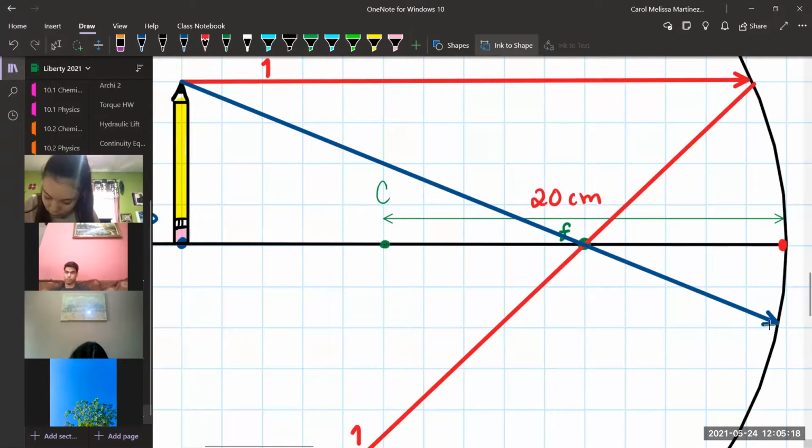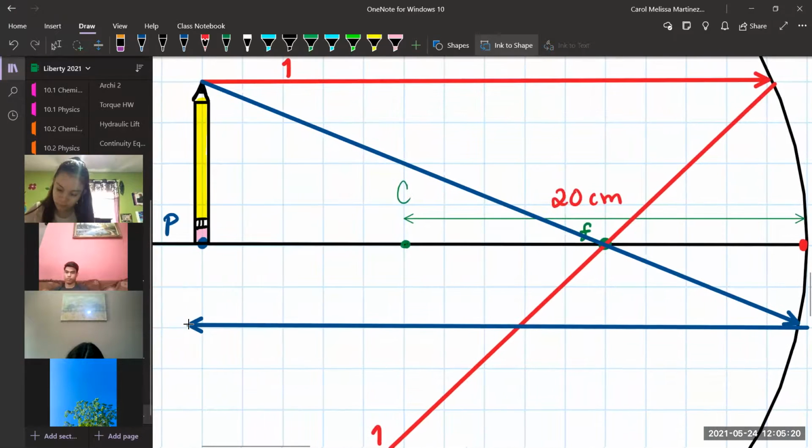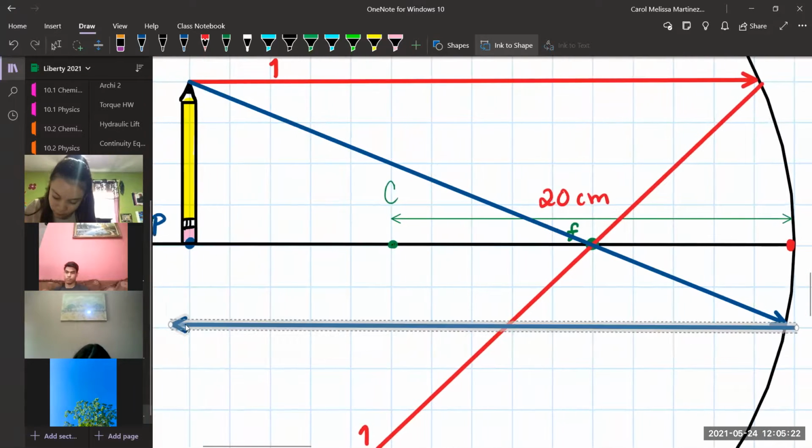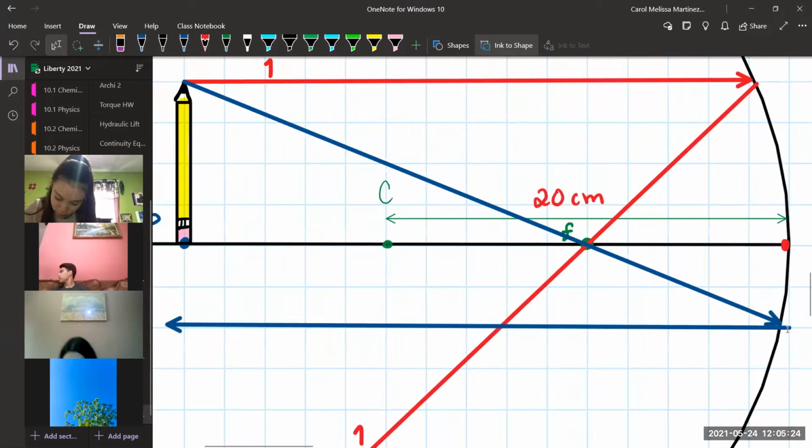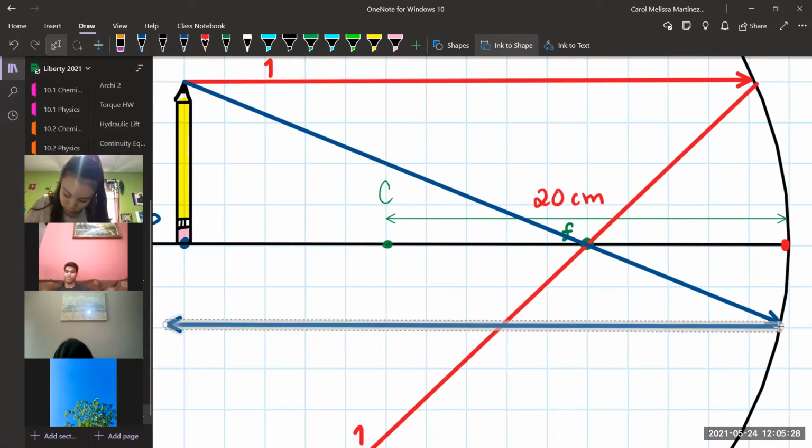So I do the same way. This is my step number 2. So I put my second ray right here.